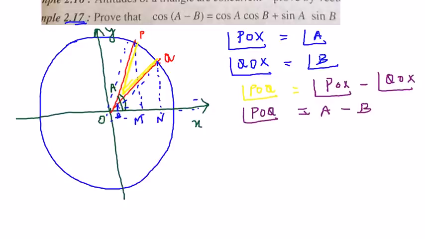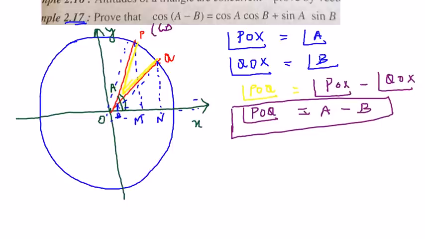Take this deduction and keep it as it is. Now the next thing we have to do is find the coordinates of P and Q. You would have seen in your textbooks that the coordinates of P are cos A and sin A. But why is it cos A comma sin A?